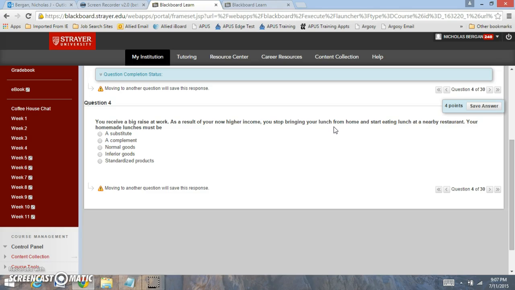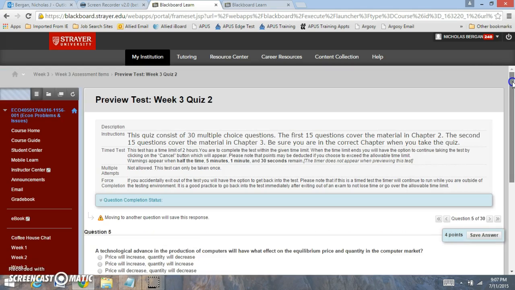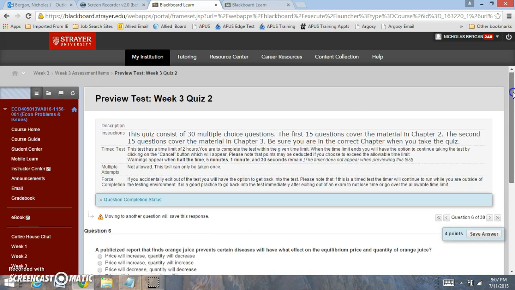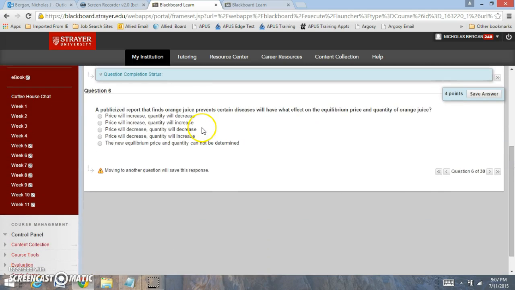Think of when my income increases, I buy less of something. Technological advancement, that is going to be supply increasing, which means it goes to the right. Orange juice prevents certain diseases. That's a good thing. Demand will increase to the right.